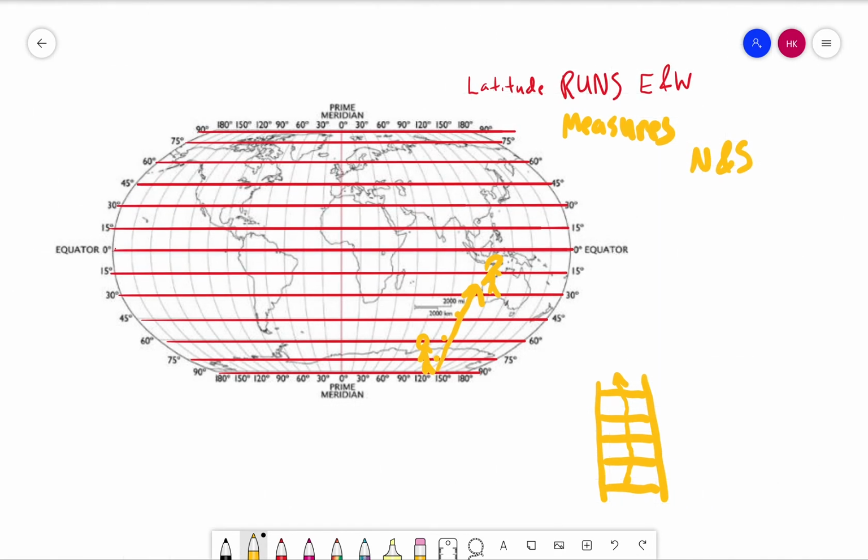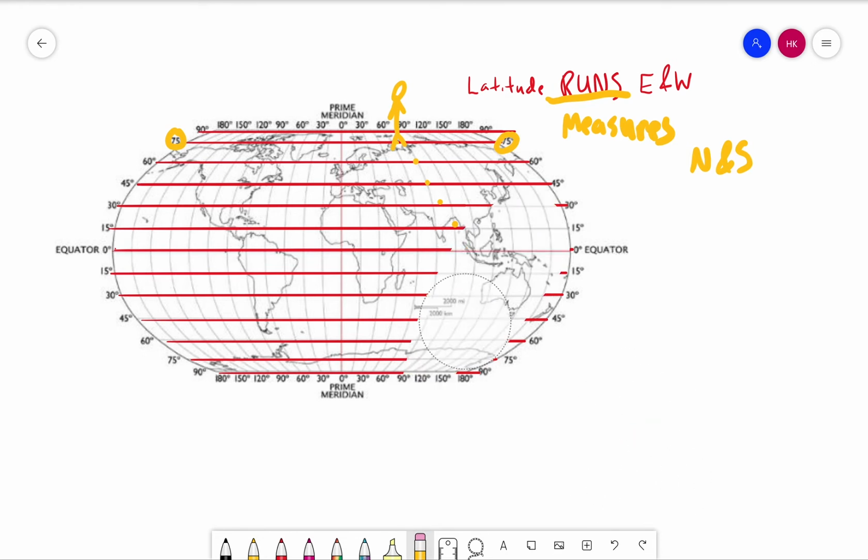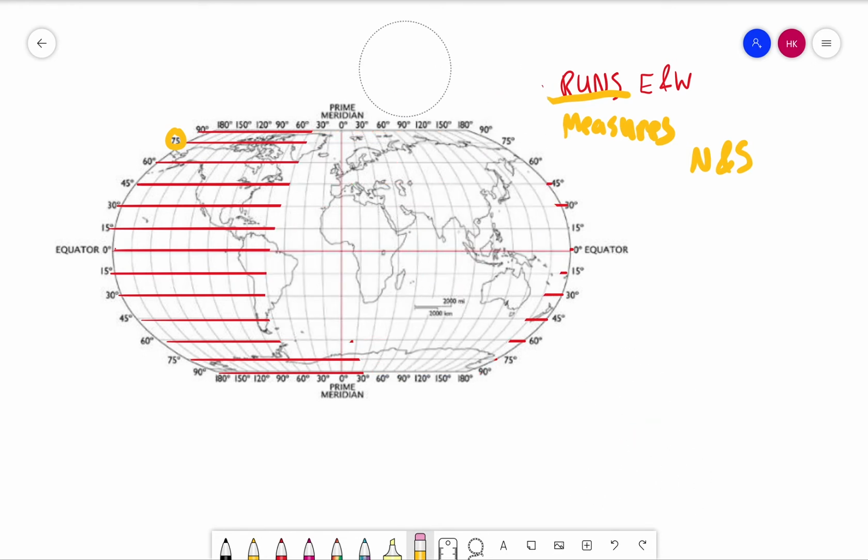So if we're in 30 south and my person starts climbing the ladder, it ends up right here. He is at 75 north. Okay, because latitude measures north to south, but it does run east to west. But remember, you're only measuring when you're climbing, and when you're running, you're just hanging out, exercising, and running.